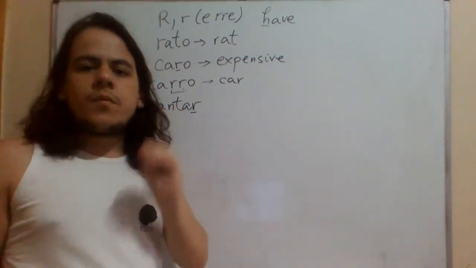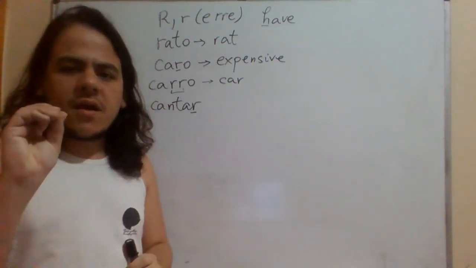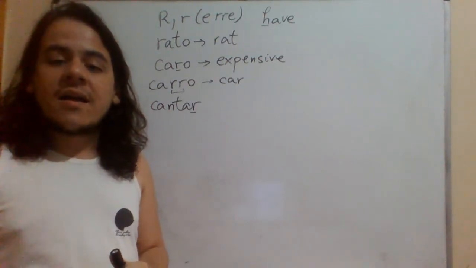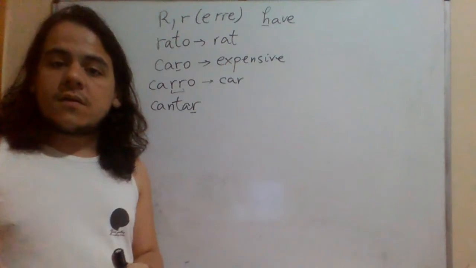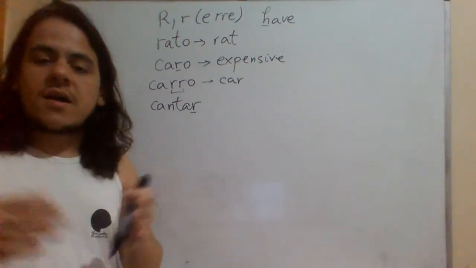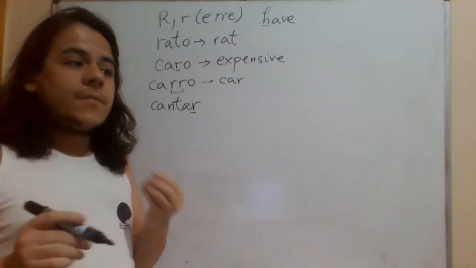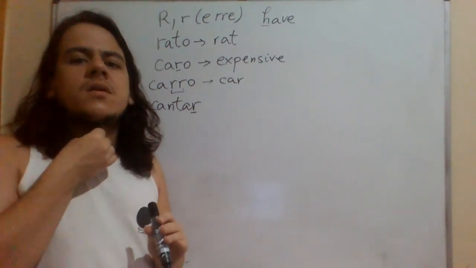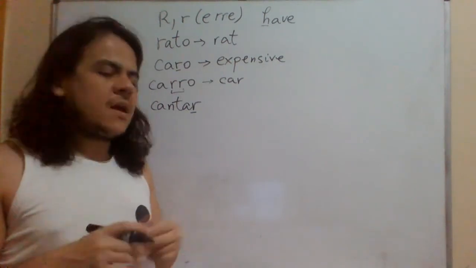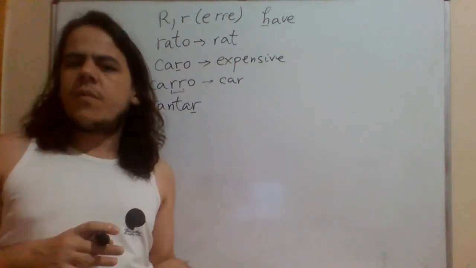Some people put a little air at the end of the word, cantar, to mark this sound of R. It's not wrong. You can say it like that. Some people put a little r at this letter R, cantar. It's less common, but it's possible.